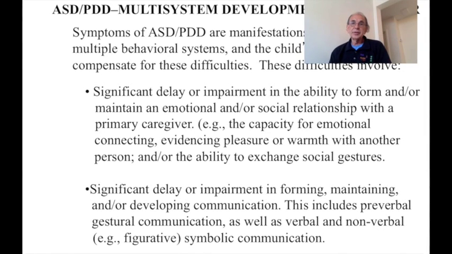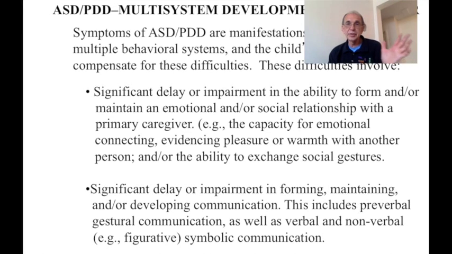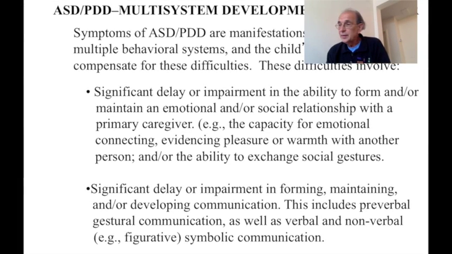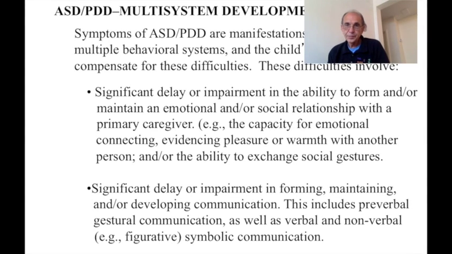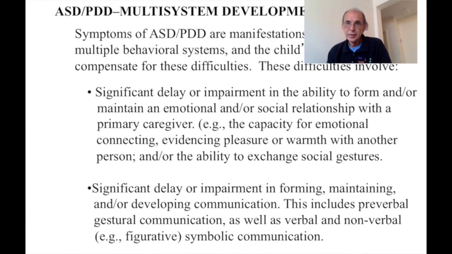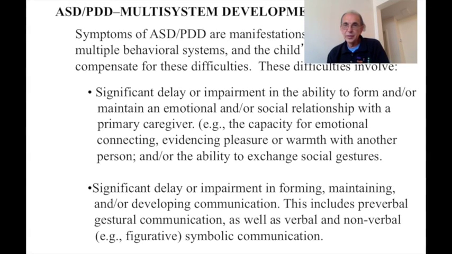These are the traditional behaviors, and the social disability that was identified early on by, for example, Leo Kanner, who, as we mentioned before, was the person who established the disability area that we now call autism, Leo Kanner.